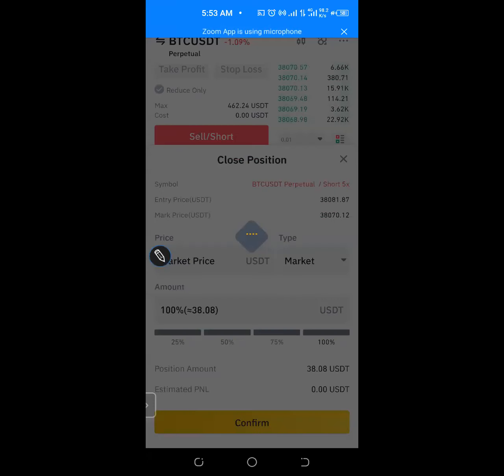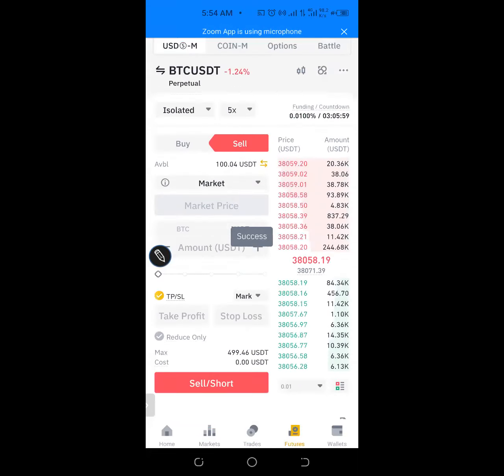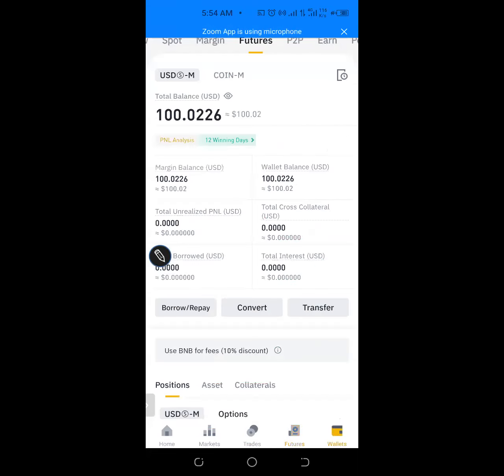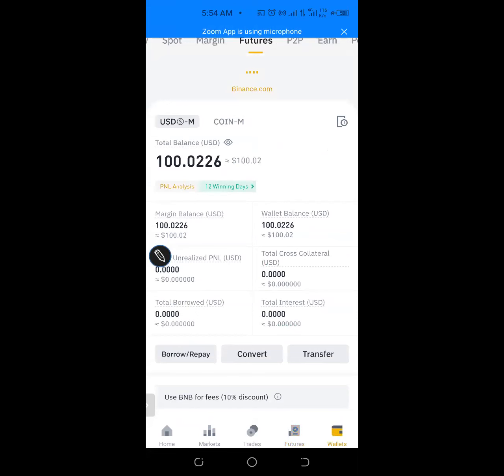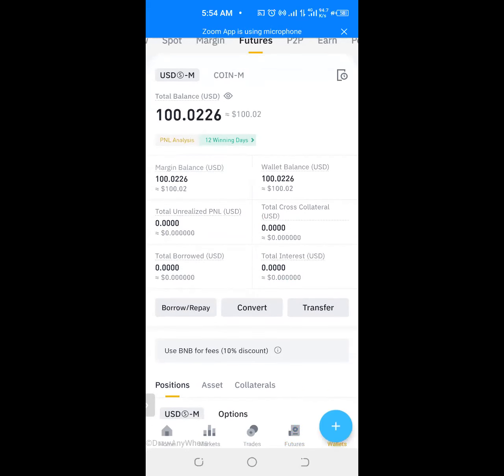I'll confirm the closure of this trade, and I've closed my trade. So you see that this trade hasn't affected my capital in any significant way because there was no significant movement.